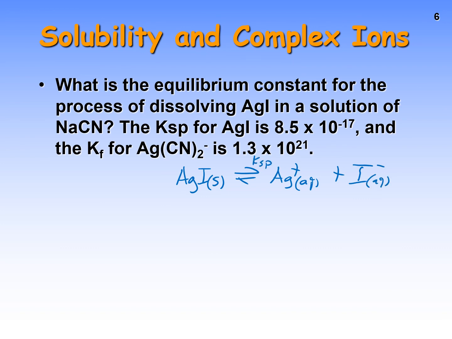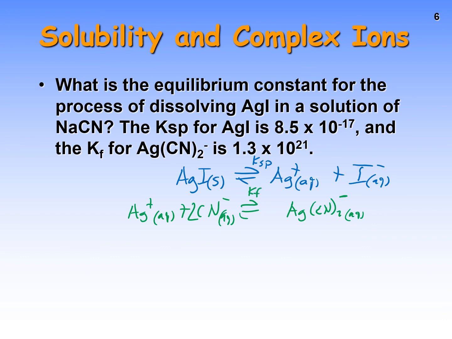Now, if we look at the complex ion formation, let's use a different color here. We have Ag(CN)2- aqueous, and that's formed from Ag+ aqueous and 2 CN- aqueous. And this is our Kf value.